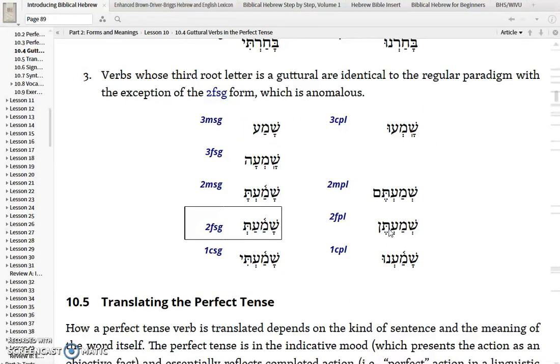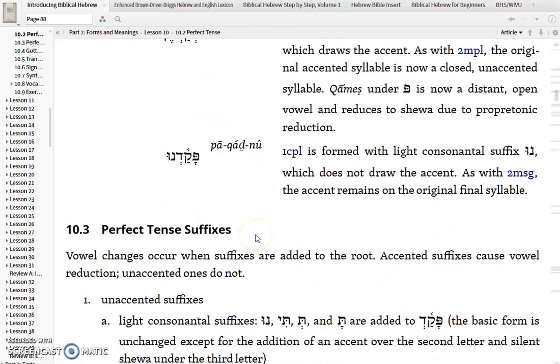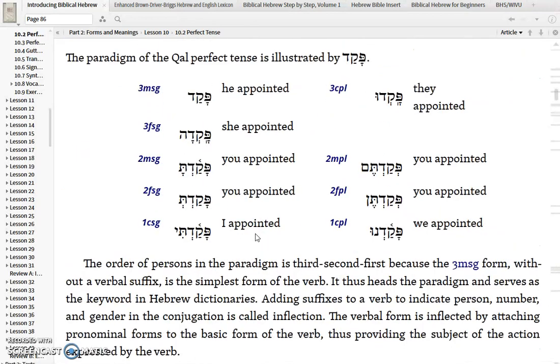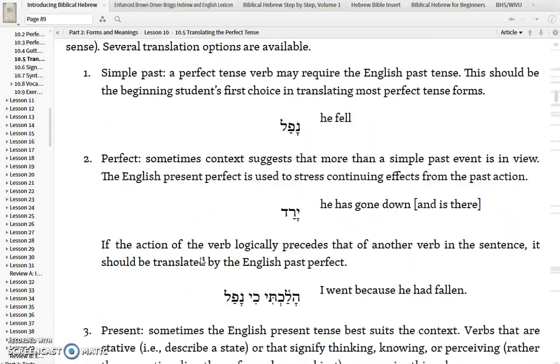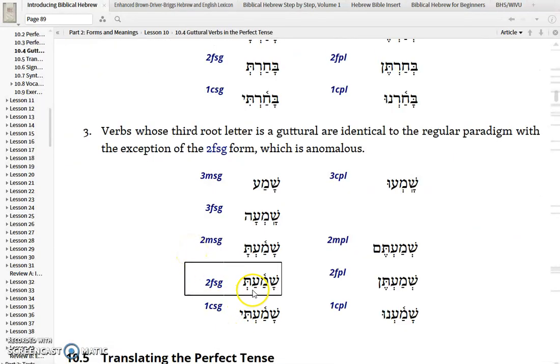Verbs with a guttural in the third position also have a problem, but only in the second feminine singular form. In the paradigm of the second feminine singular, what you would normally expect is pagadt, with the D and the T slurred together. But when this last consonant is a guttural, well, then it complains that it doesn't like that shewa you're trying to give it.